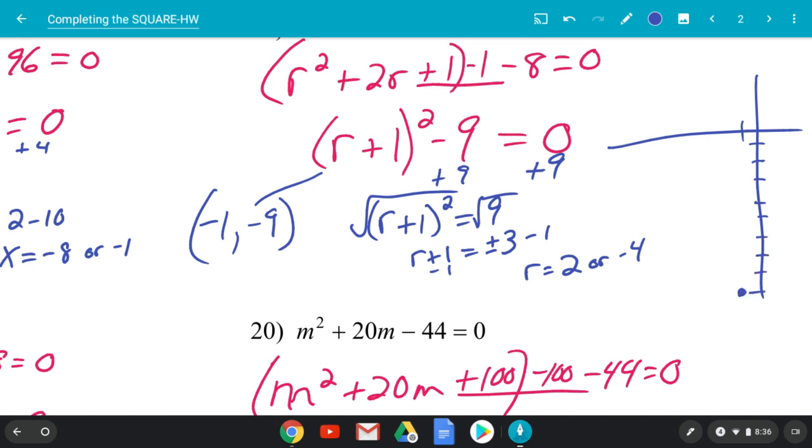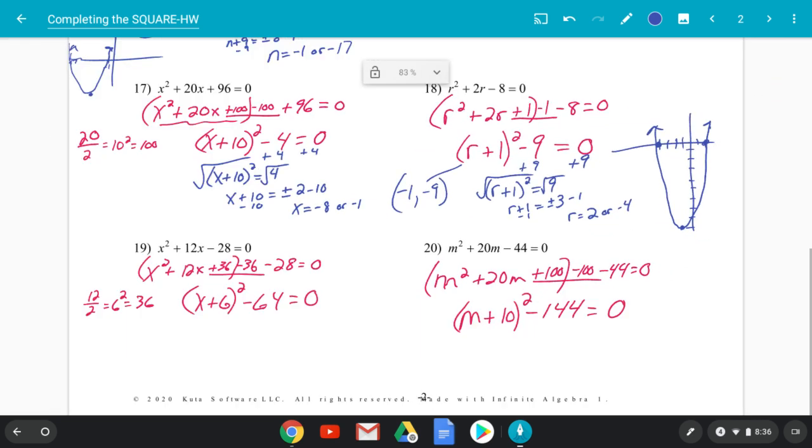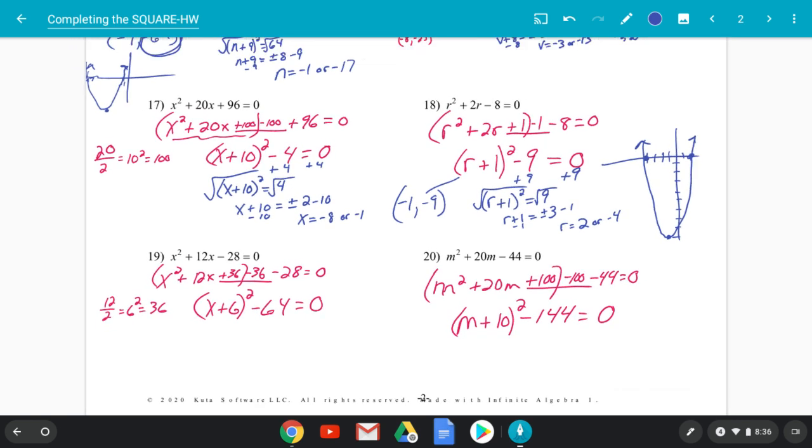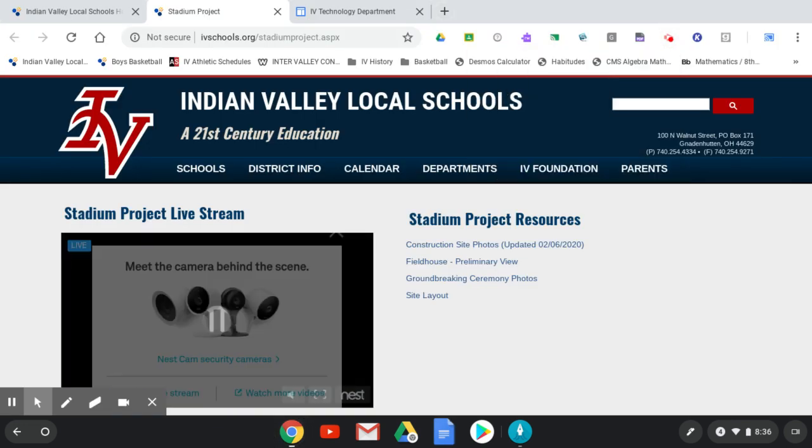There's my vertex. And it's going to cross at negative 4 and 2. Woohoo! Do the last 2, and do a rough graph, too.